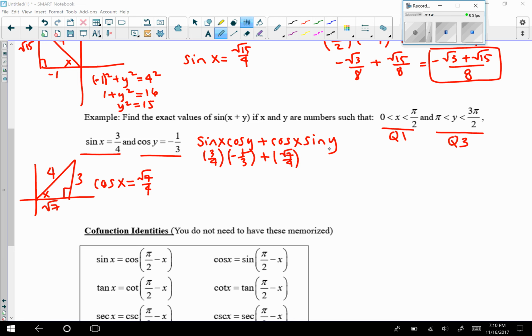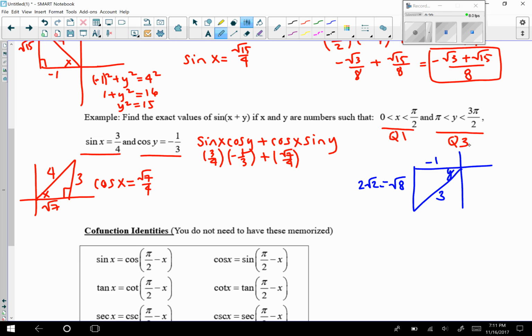And the next one we're finding is for y, so I'm going to draw a triangle in quadrant 3, because now we're looking at this quadrant, this is angle y. And we know that the cosine of y, which is adjacent, is negative 1 over 3. If you do your Pythagorean theorem, you would get 9 minus the 1, which gives you the square root of 8, which we know is really equal to 2 root 2.